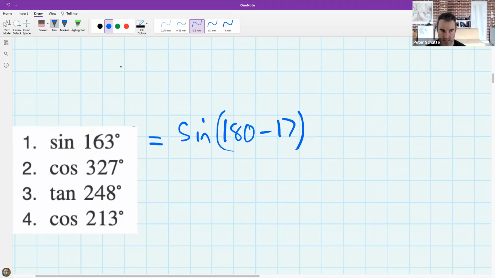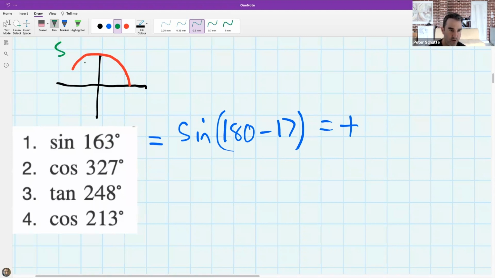It's still the sine of 163. If I draw myself a little CAST diagram, I realize that I'm in quadrant number 2. That means that when I reduce this trig expression, it's going to end up being positive because sine is positive in quadrant 2.